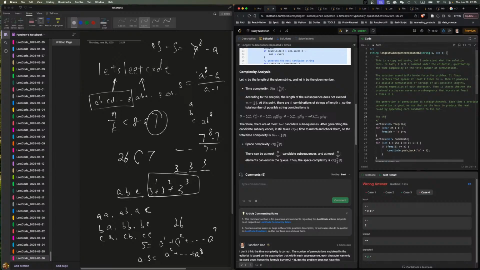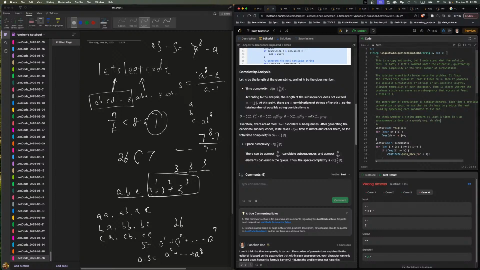The check, whether a string appears at least k times in S as a subsequence, is done in a greedy way.